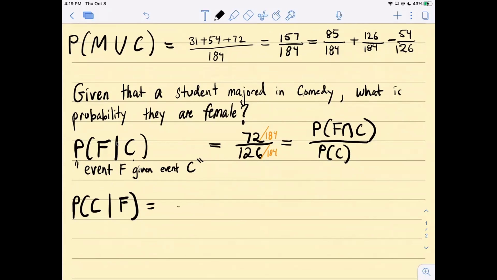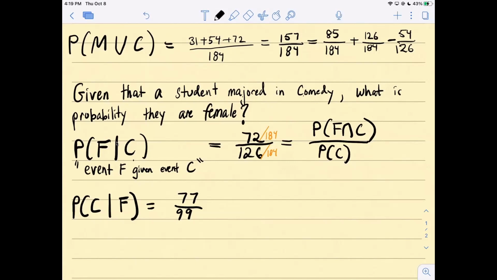So it's just going to be 77 over 99. I'm illustrating this example so that you pay attention to what the given condition is and what the event is that we're looking for the probability of. It's very important how it's written.